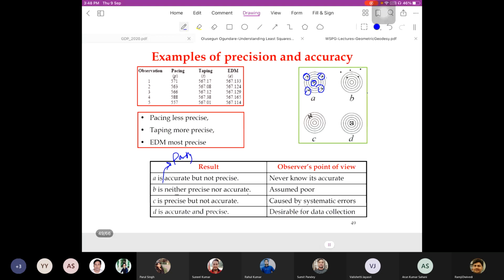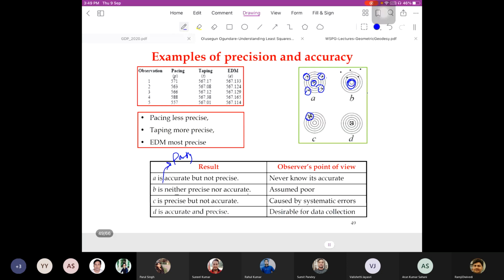In the case of B, it is neither precise nor accurate because no value is near to the true value. And in the case of C, the observations are very close, but on the top left hand side, so they would be considered precise, but not accurate.